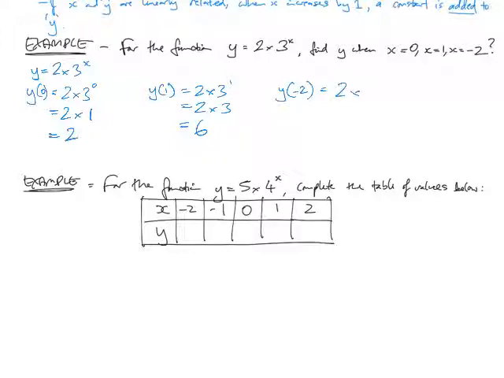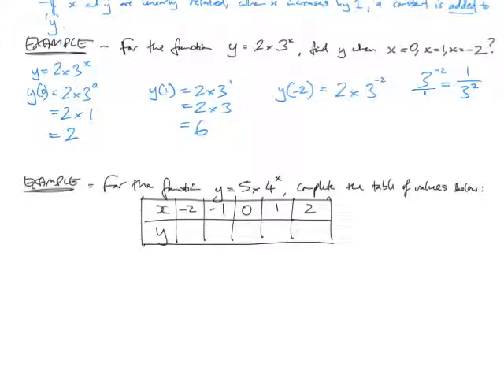So it's going to be 2 times by 3 to the power of negative 2. Now, negative powers are the reciprocal of that power. So what that means is 3 to the negative 2 is actually the same as 1 divided by 3 squared. The negative power indicates that it's a reciprocal, so the opposite, the fraction like that, it's 1 over 3 instead of 3 over 1, which the whole number 3 is.